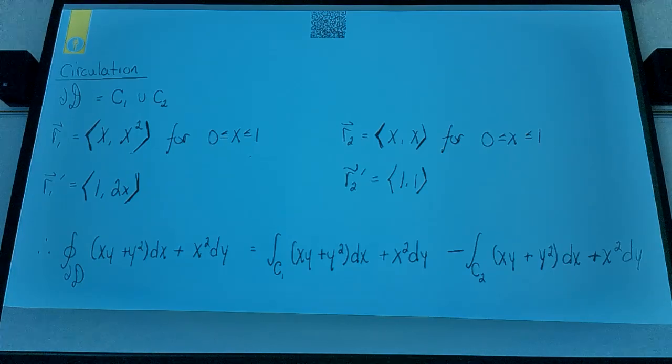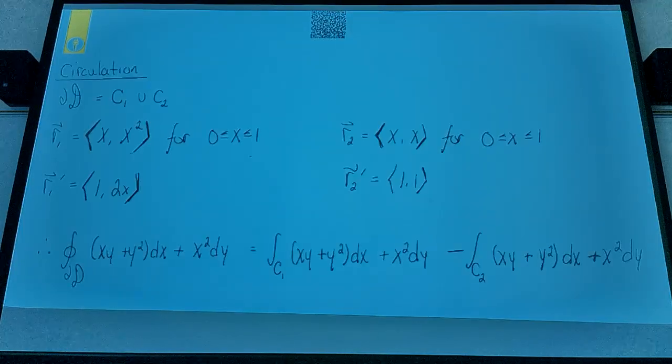And then go from 0 to 1. We need to evaluate our vector field along the parameterization.